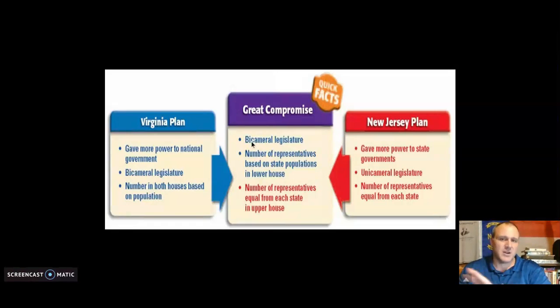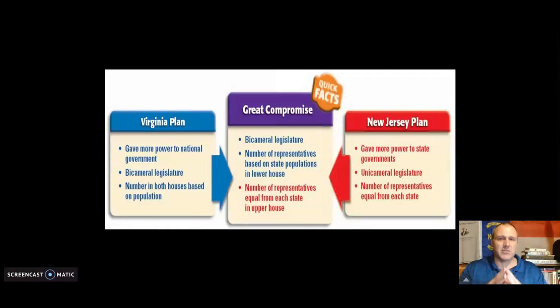So here's a quick picture of what the compromise does. Large state, Virginia plan, representation by population. The smaller New Jersey plan said, we're small states, I'm a state, you're a state, we're all states, let's all have equal representation.